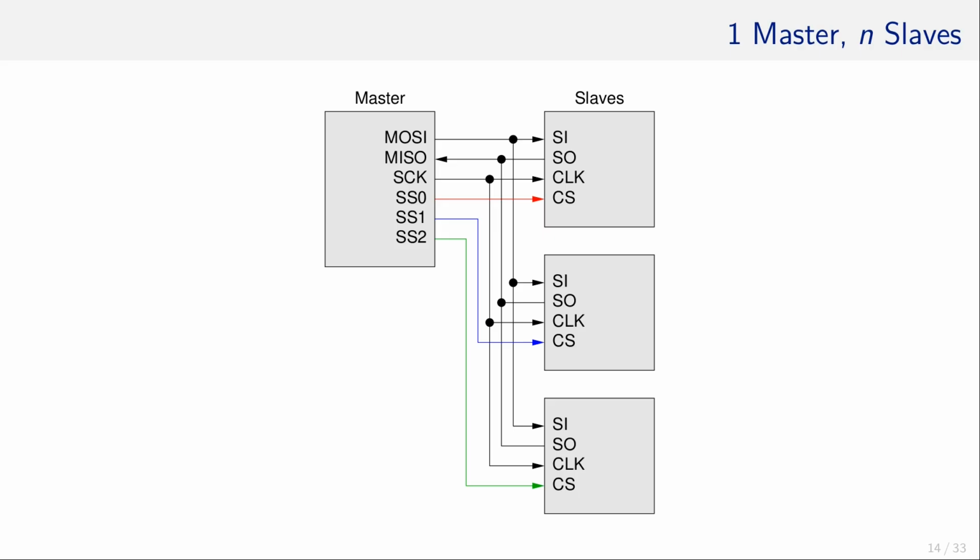That means the entire SPI topology needs as many slave select lines as slaves are present. With many slaves, this becomes quite cumbersome due to the connections required.